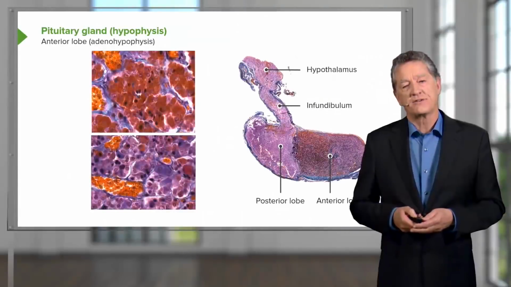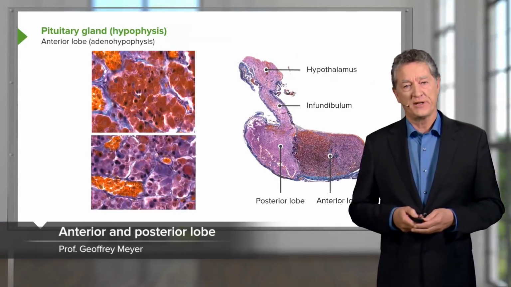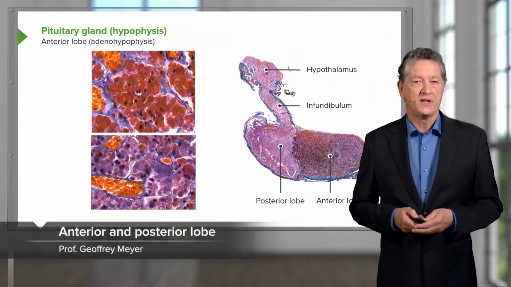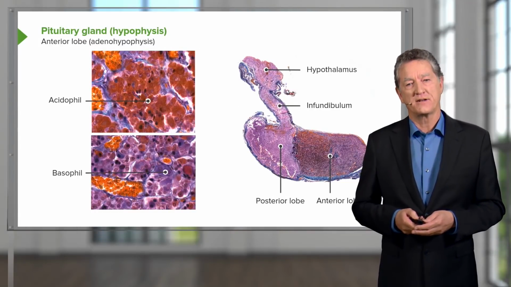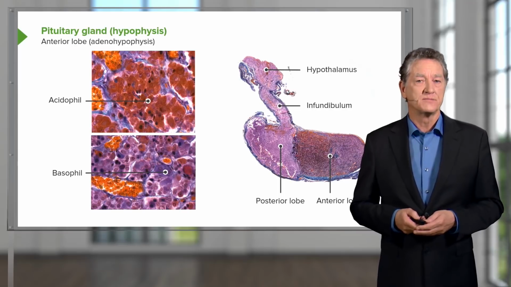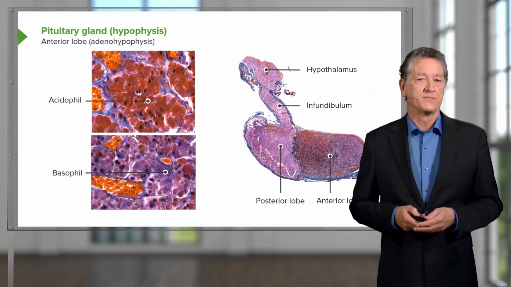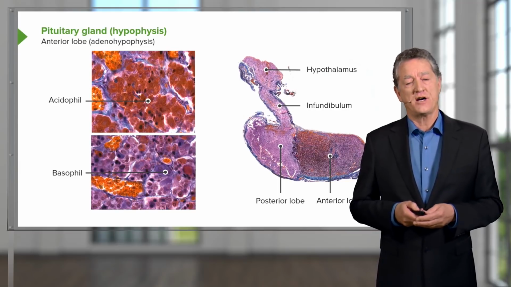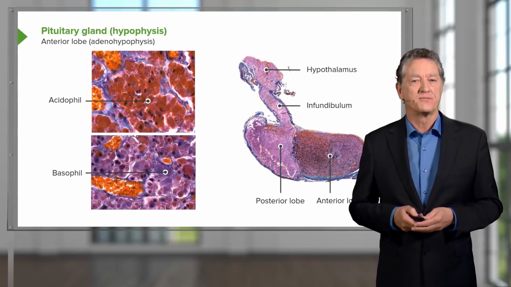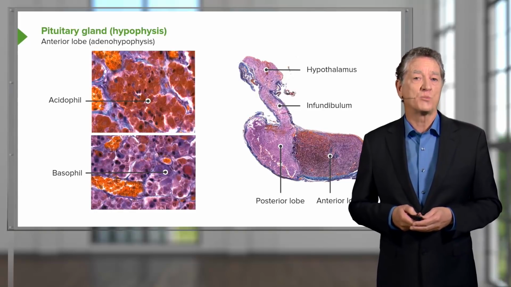Let's have a look at the anterior pituitary in a bit more detail. On the left-hand side are these very pretty cells stained, either acidophils or basophils. And as we'll see in a moment, different cell types are within these two types of stained cells, and they secrete different hormonal products.